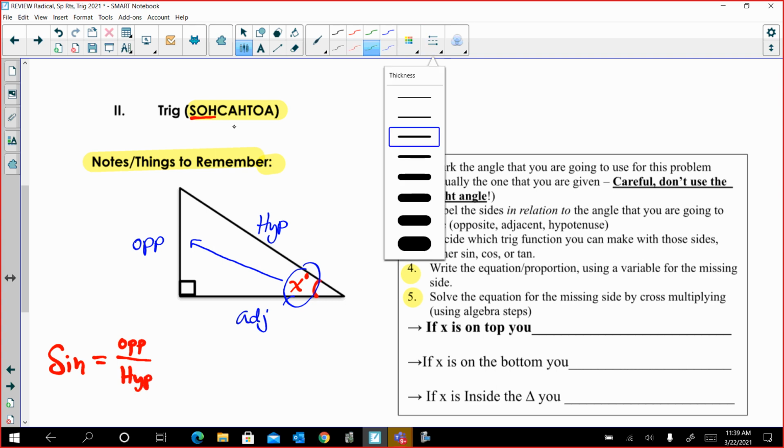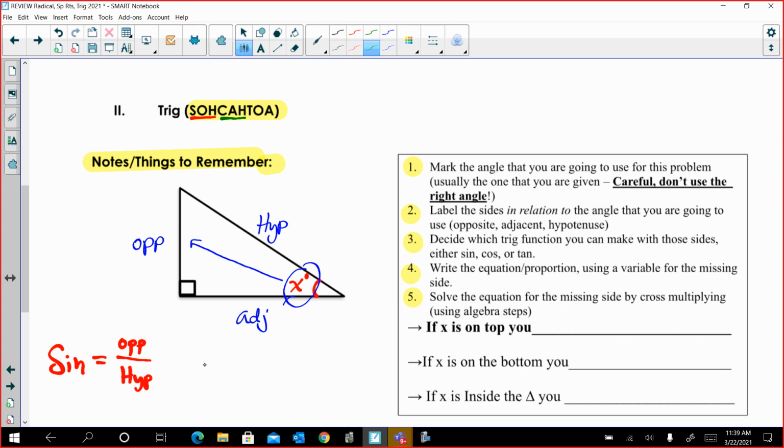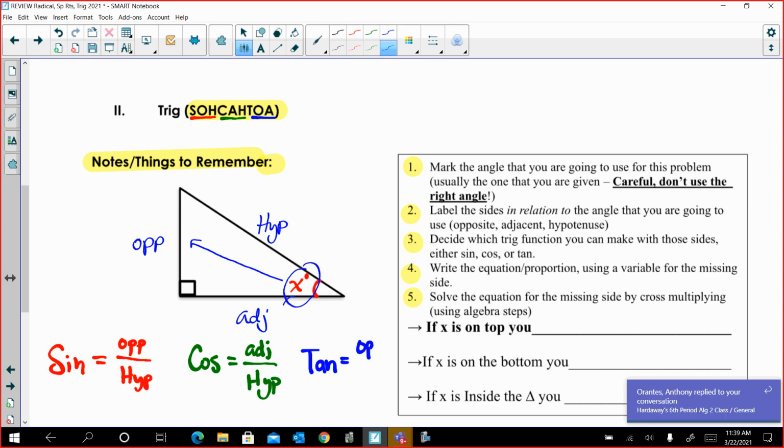The next three letters, CAH, is cosine, the ratio of the adjacent over the hypotenuse. And the last, TOA, is your tangent ratio, the opposite over the adjacent.